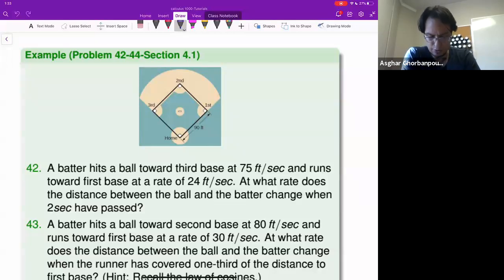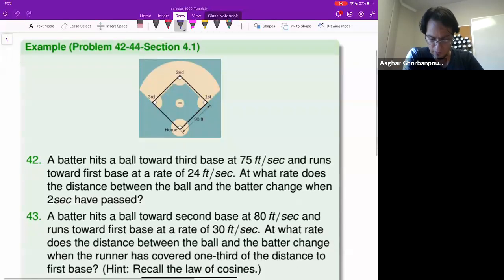Question 42 asks: a batter hits the ball towards the third base at 75 feet per second and runs toward the first base at a rate of 24 feet per second. At what rate does the distance between the ball and the batter change when 2 seconds have passed?